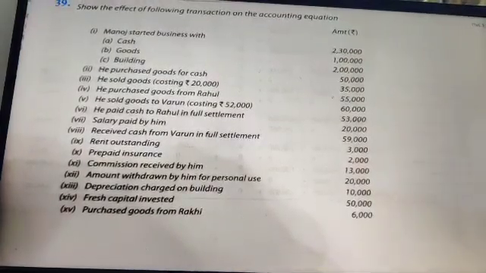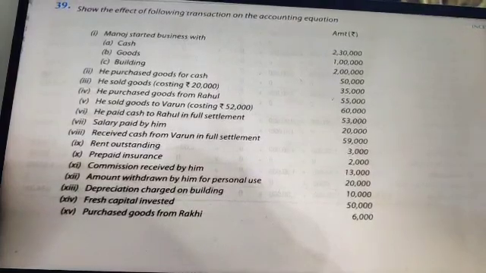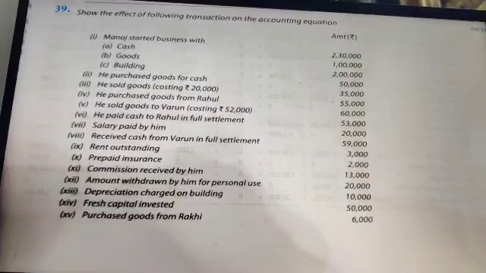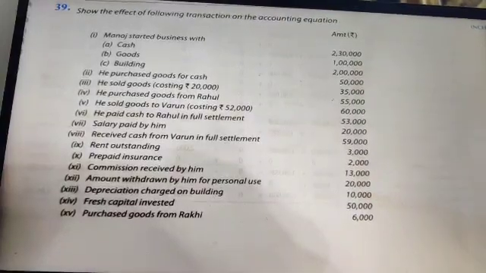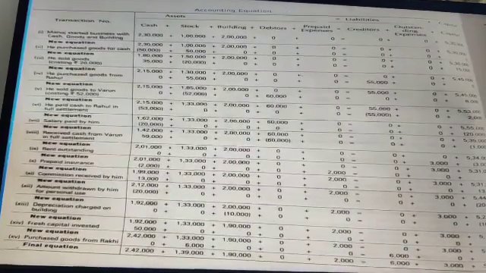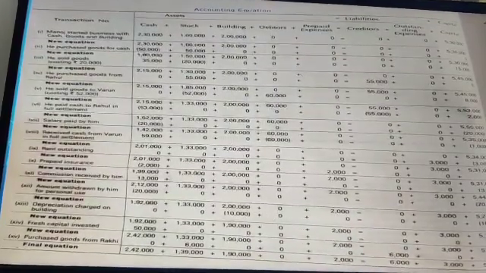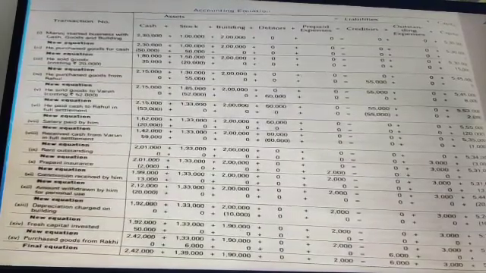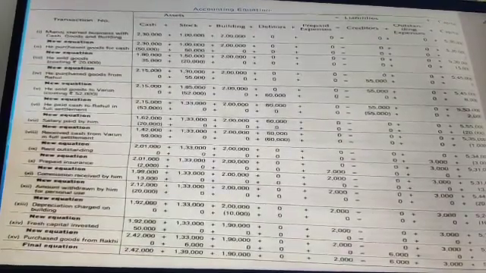He sold goods costing rupees 20,000 at rupees 35,000. Now, this is the kind of transaction which we discussed earlier. As you all know, he is selling off goods which have a cost of rupees 20,000.